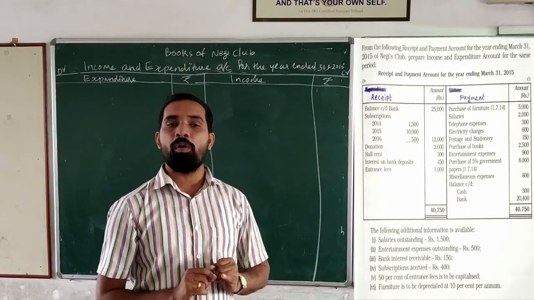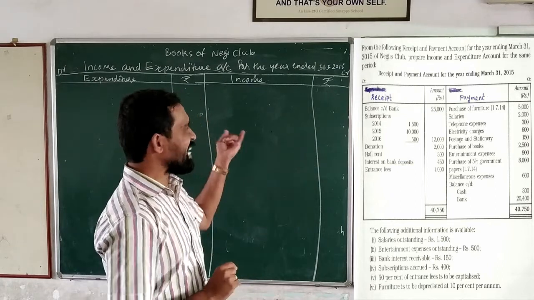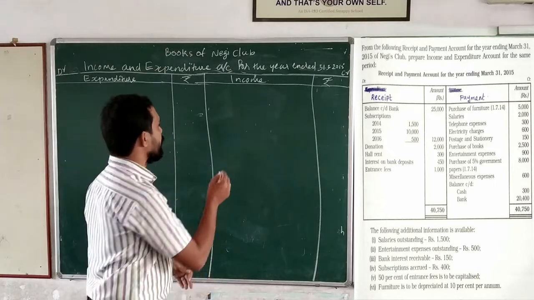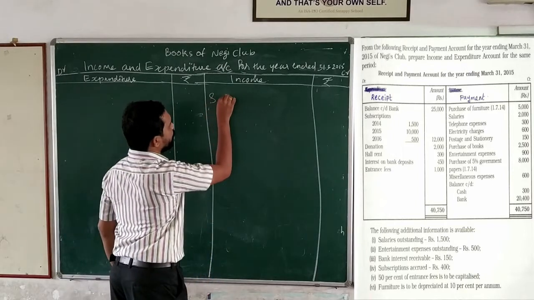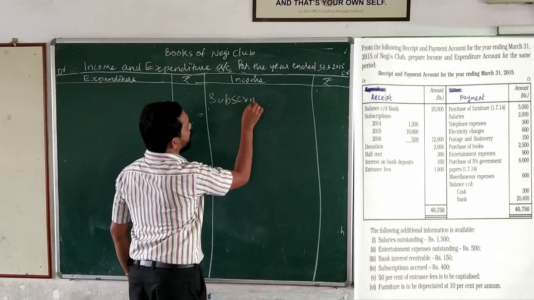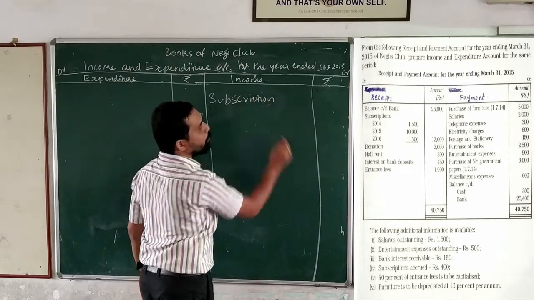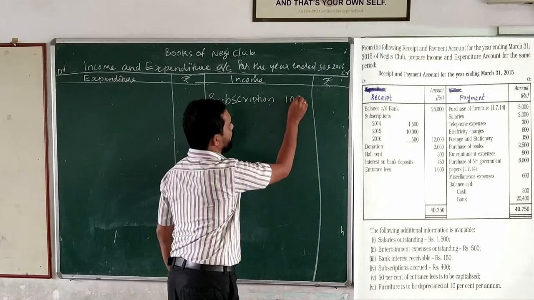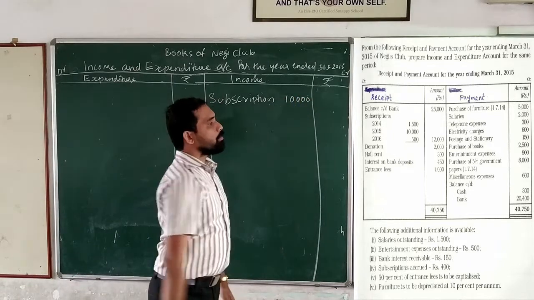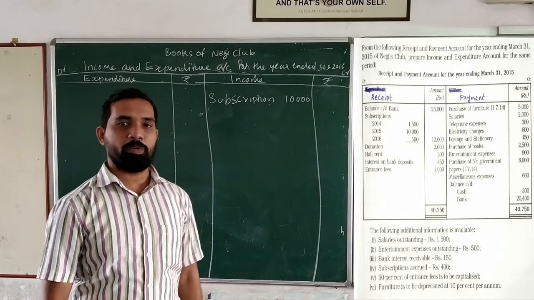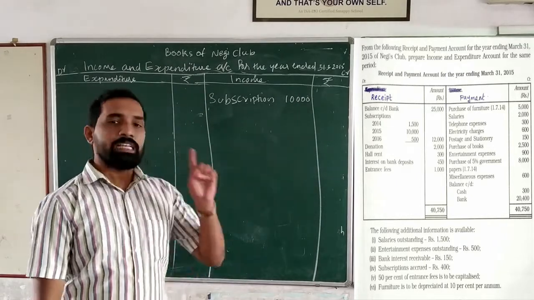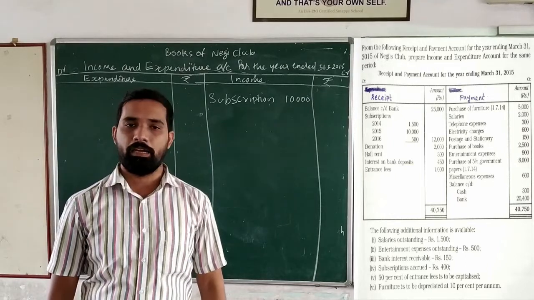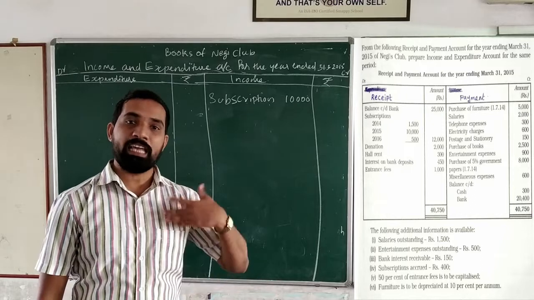This subscription amount should be shown on the income side of the income and expenditure account. The first item, subscription, 10,000. The subscription has one adjustment. What is that adjustment? Subscription accrued, rupees 400. Accrued subscription is accrued income.